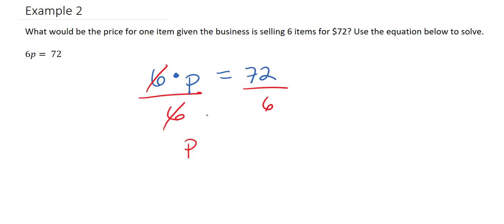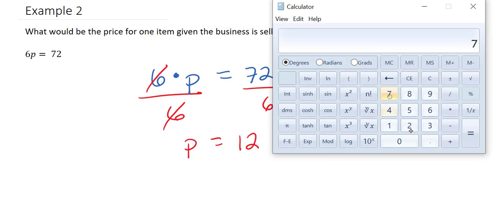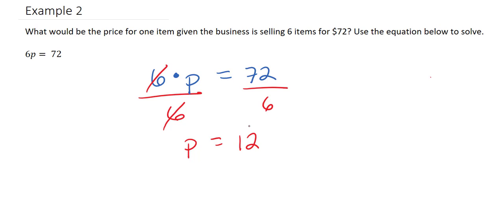So we're left with P on the left-hand side is equal to 72 divided by 6, which is equal to 12. But if you're not sure, let's get our calculators out. And that's 12, so that would be our solution. Let's look at the next example.